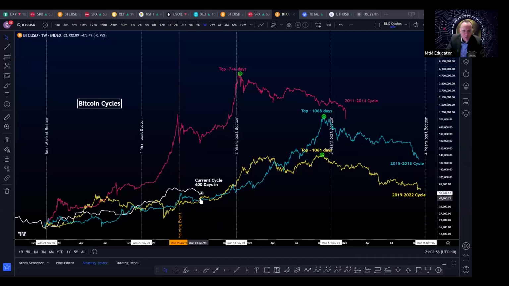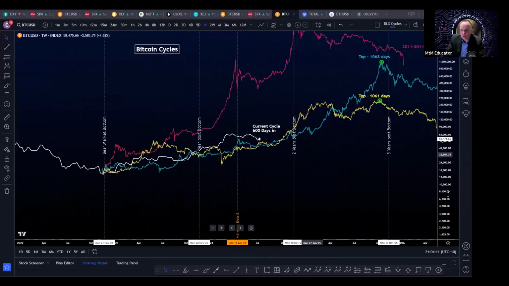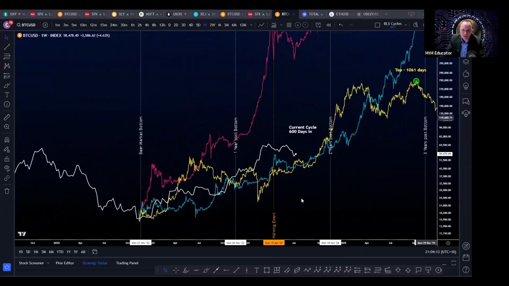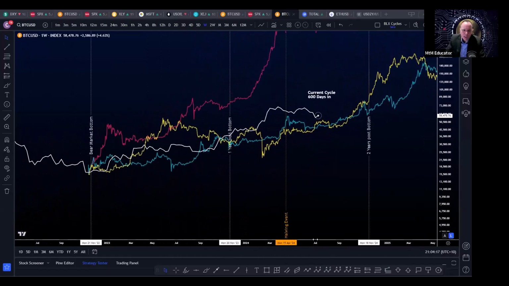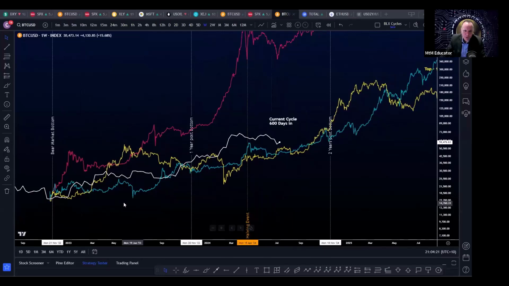But if you look at how we are tracking compared to this, we are actually still above both the 2015 to 2018 cycle and the 2019 to 2022 cycle. Now, if I open these up so you can see them a little clearer, I like to talk about mean reversion, because one of our week's focuses in the 10-week program is that the market discounts everything.